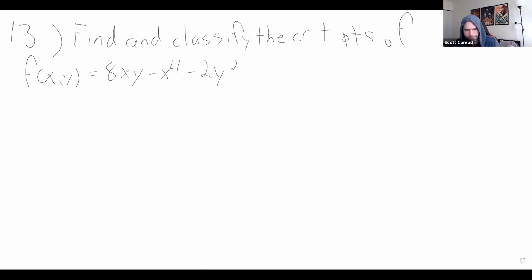So first we need to find the critical points by setting the partials equal to 0 and either seeing where the partials don't exist or where both partials are 0.